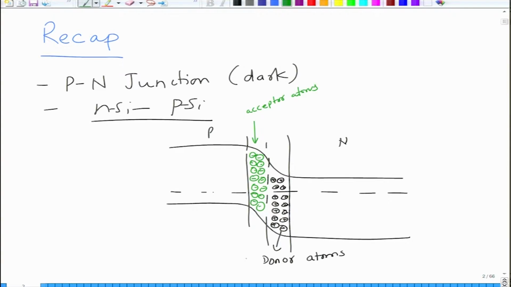As a result, this region is called the depletion region, which means that it is depleted of any free charges, whereas the regions where the bands are flat are called bulk regions.